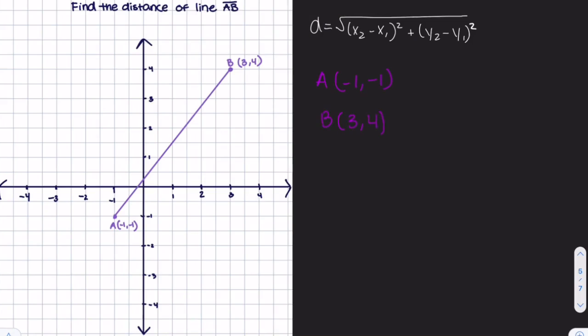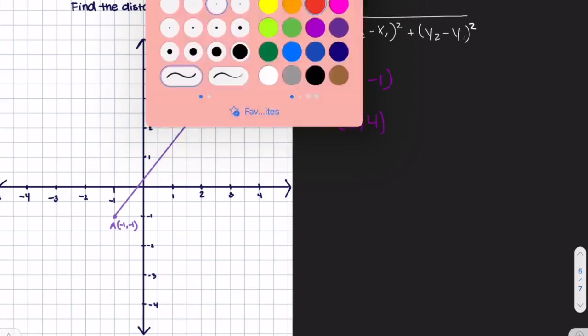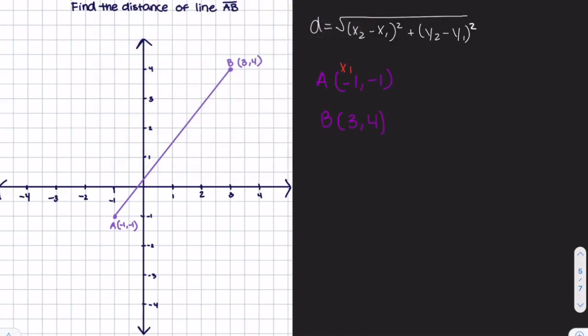So now we're going to plug them in. Let me just label them: x1, x2, y1, y2.